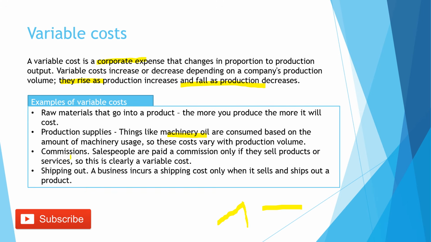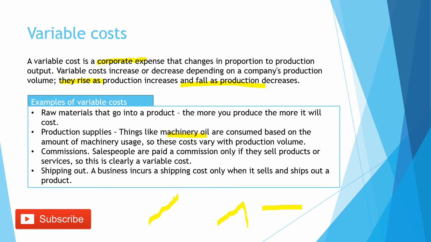Another variable cost is shipping out. A business incurs a shipping cost only when it sells and ships out a product. So if you have a shop and you sell 10 items that have been ordered online, that will increase your variable cost, because you are going to get some stamps.